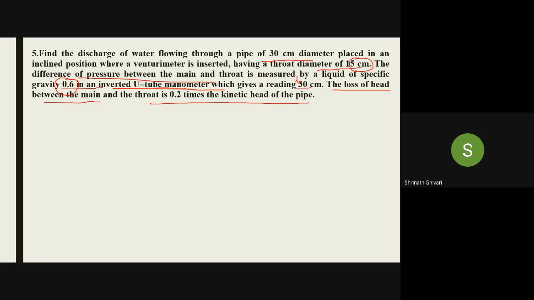Here, the liquid in the manometer has a specific gravity of 0.6, and the liquid flowing through the pipe is water, whose specific gravity is 1. Therefore the values will be like this.